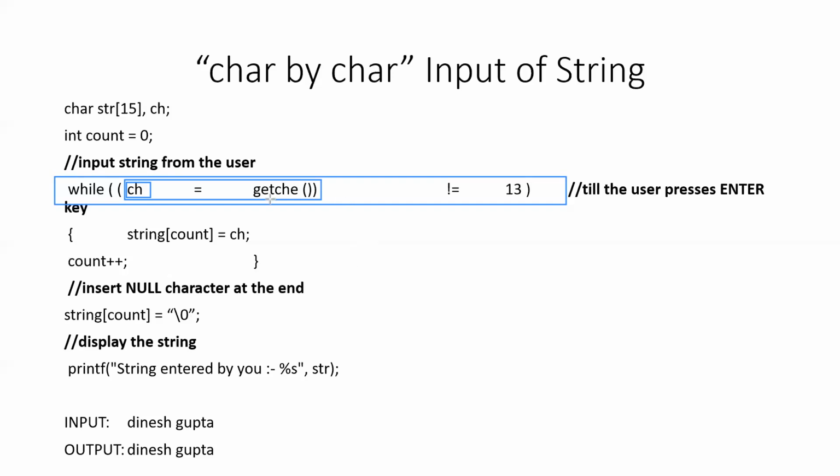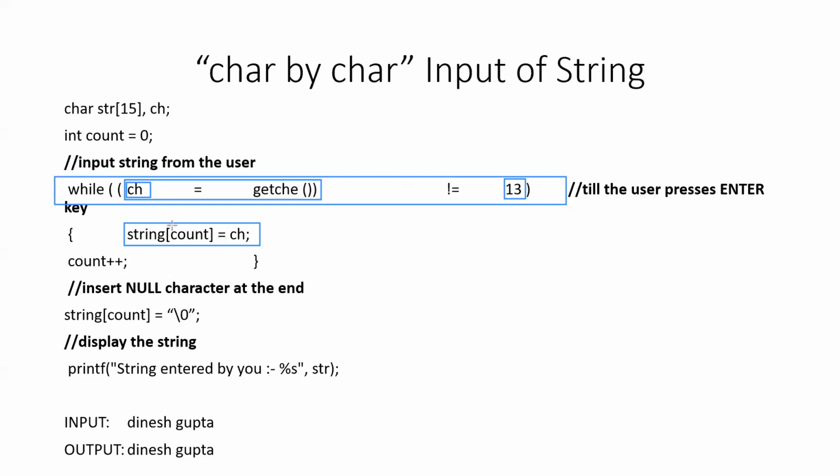Now it checks whether the input given by the user is equal to 13 or not. Now what is 13? 13 is the ASCII code of the enter key. If the user has pressed the enter key, the loop will terminate. And if the user has not pressed the enter key, then the character input given by the user will be stored inside the string. Now at which position will ch be stored inside the string?